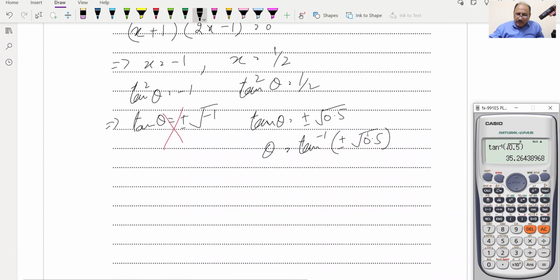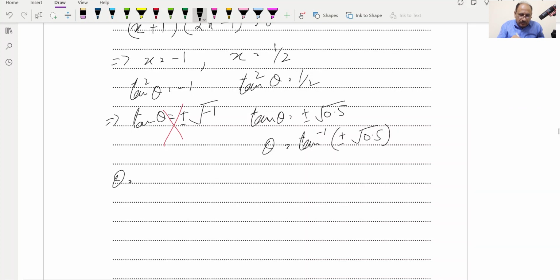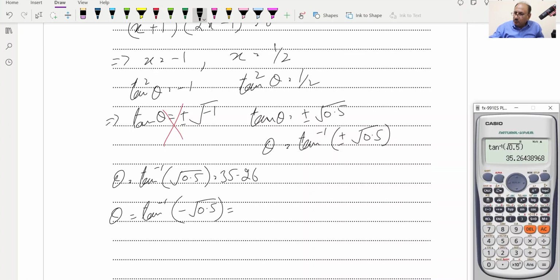So for the plus value, theta is tan inverse of plus root 0.5, which is equal to 35.26, and for the negative value, minus under root 0.5, we'll change the value to negative, and this will be equal to minus 35.26.